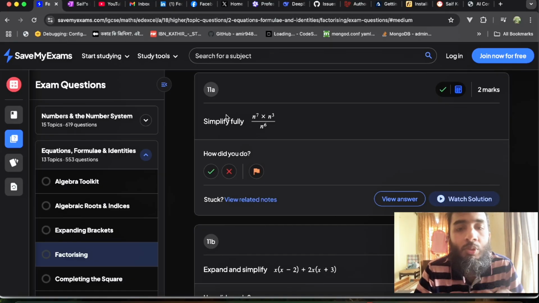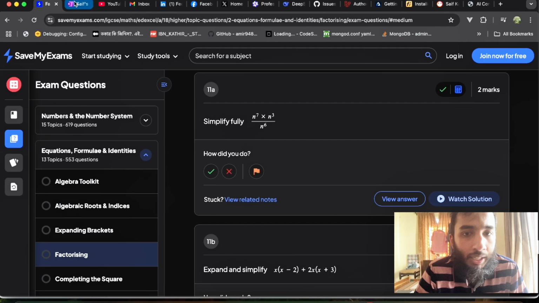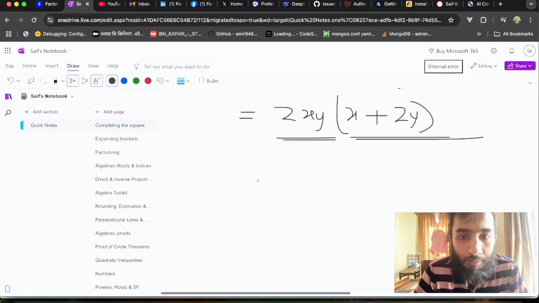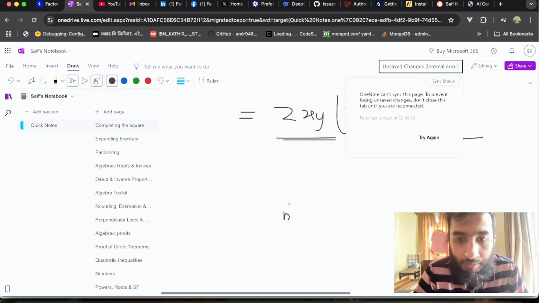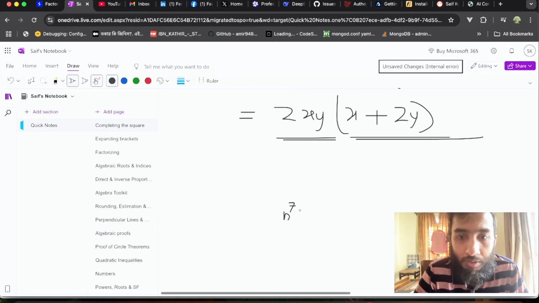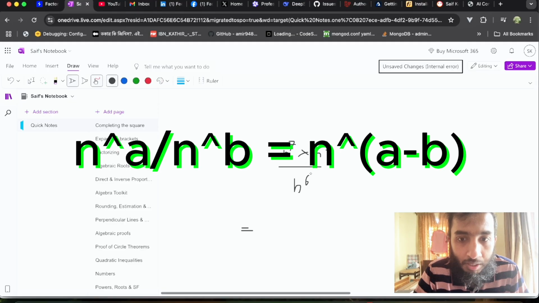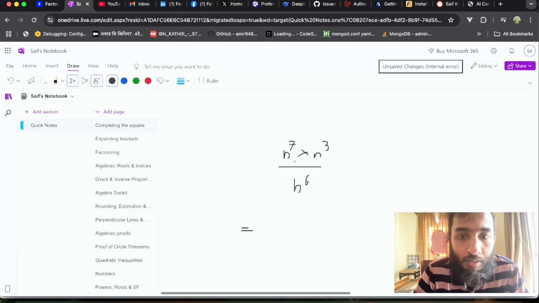If I first focus on 11a, you have to fully simplify this expression. Let's say n to the power 7 multiplied by n cube divided by n to the power 6. So how can we simplify this? We can simplify because the powers of the numerator and the denominator can be subtracted.